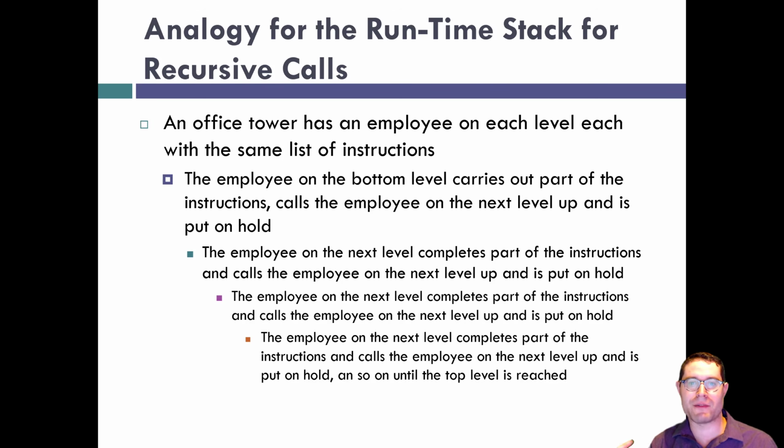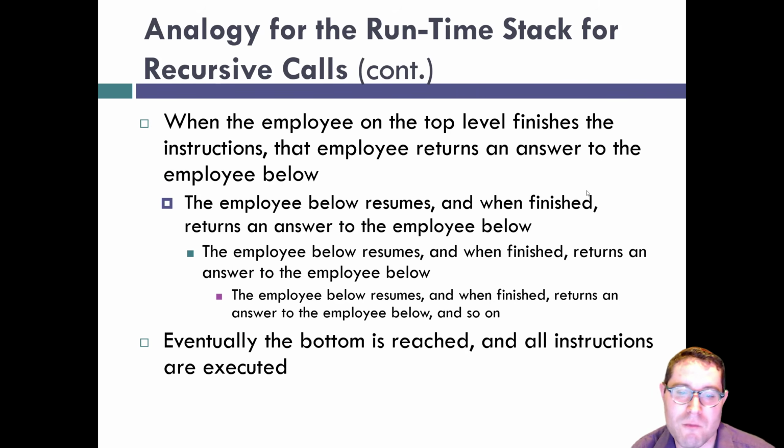The employee on the bottom level carries out the instructions, calls the employee on the next level up, and is put on hold. The employee on the next level does the instructions and calls the next level up, and they get put on hold, and so on until you get to the top level. You do a little bit until you get to the top level, and then once that's done, it begins to unwind.